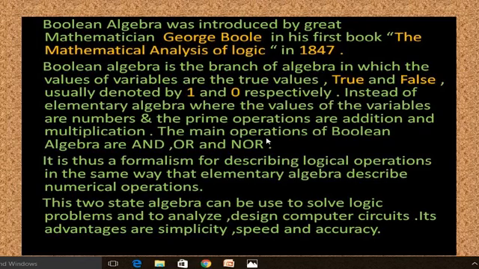It is thus a formalism for describing logical operations in the same way that elementary algebra describes numerical operations. These two values, or two states, can be used to solve logic problems and to analyze and design computer circuits. Its advantages are simplicity, speed and accuracy.